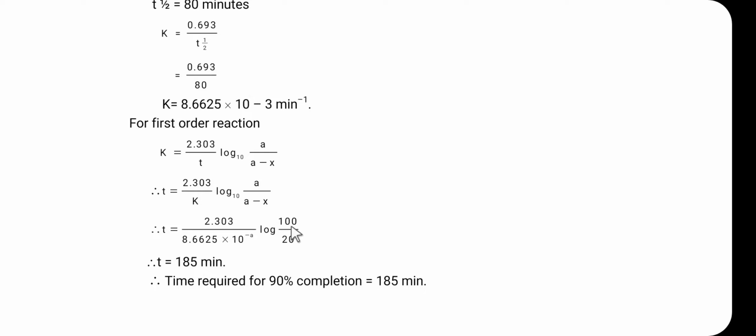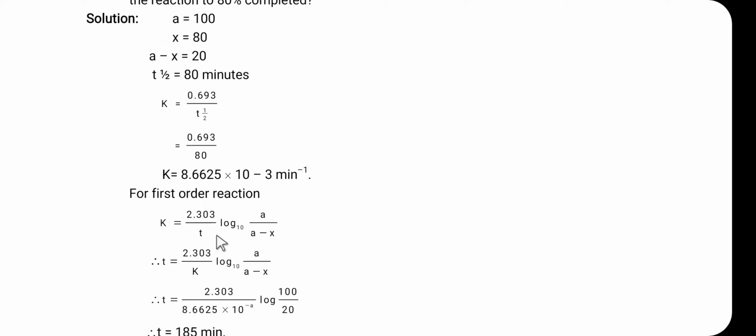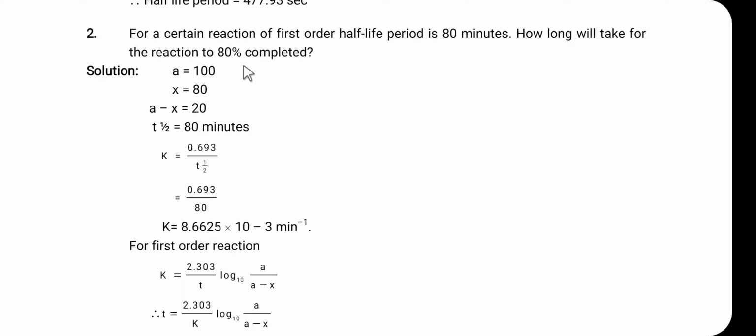Substituting the values, A is 100, A minus x is 20, and this is the value of K, and finally T is equal to 185 minutes. That means the time required for completion of 80% reaction. Actually, here it is not 90%, it is 80% reaction. So, the time is 185 minutes.